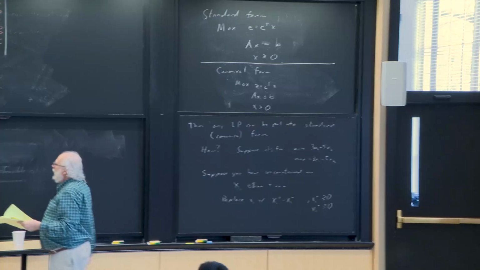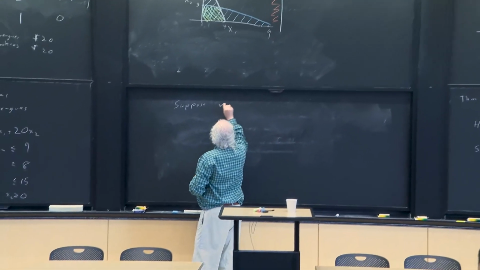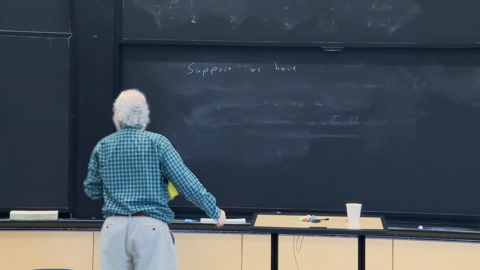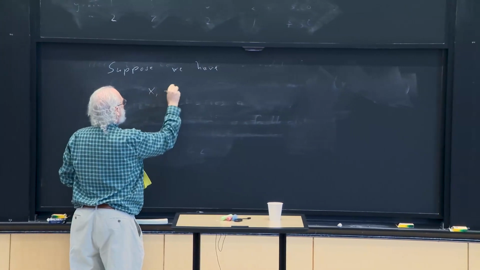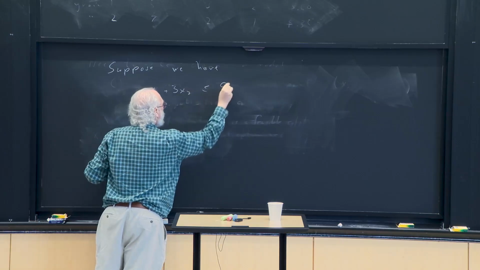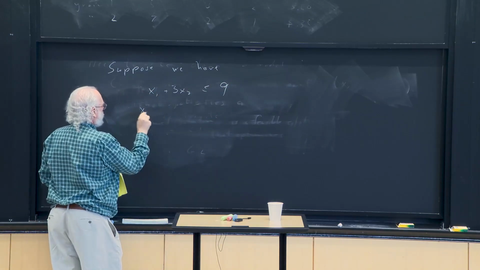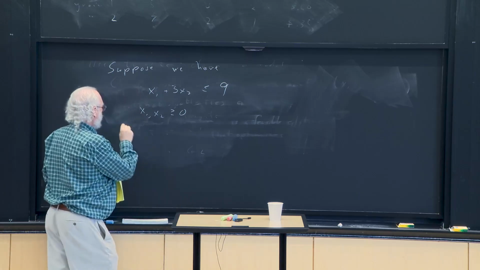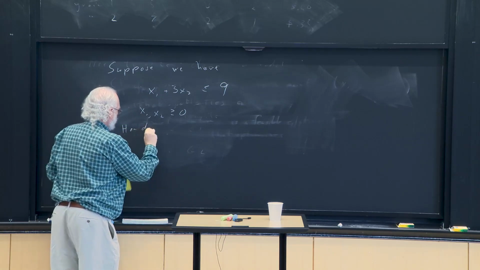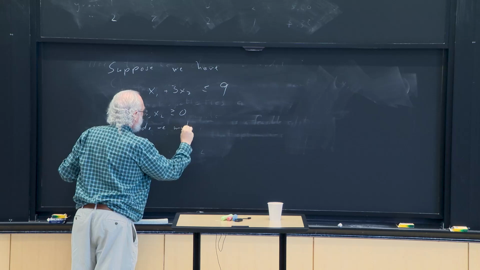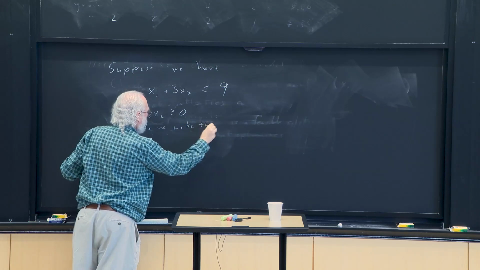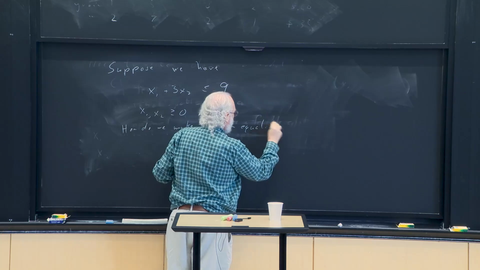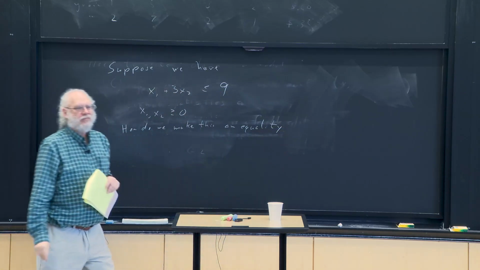So suppose we have x1 plus 3x2 less than or equal to 9, with x1, x2 greater than or equal to 0. How do we make this an equality? Any suggestions?